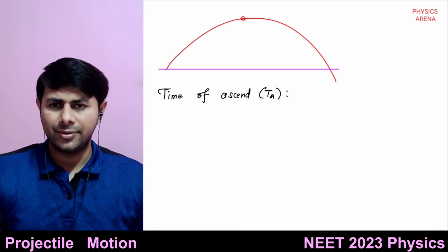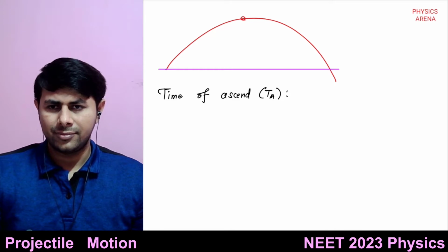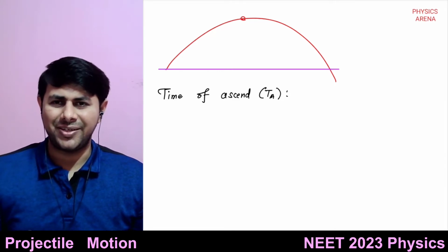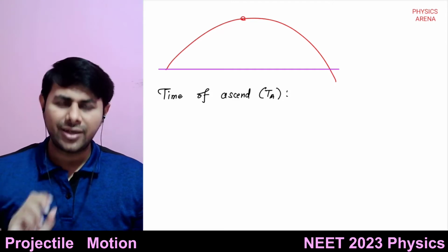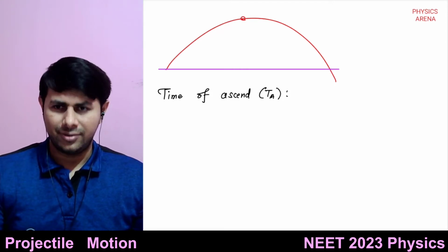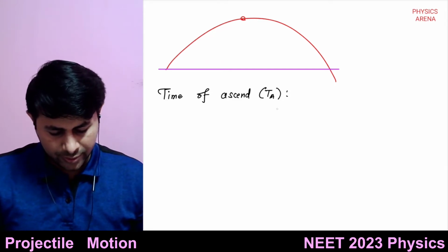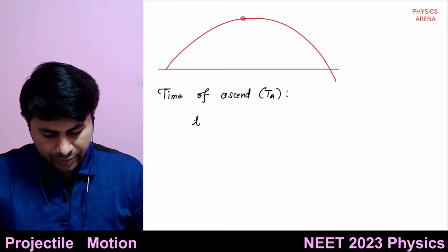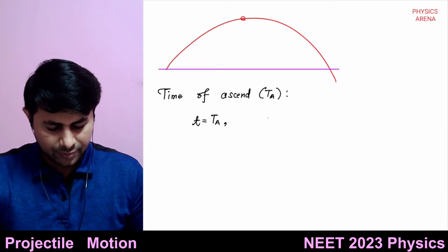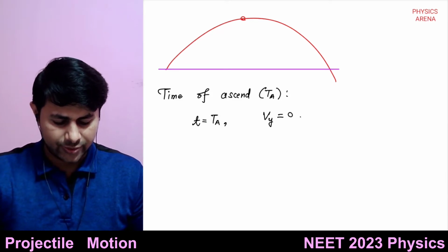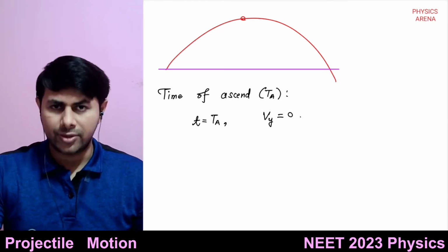Y component, right, at maximum height. The Y component becomes 0. So when t is equal to ta, Vy is equal to 0. Y component of velocity is equal to 0.